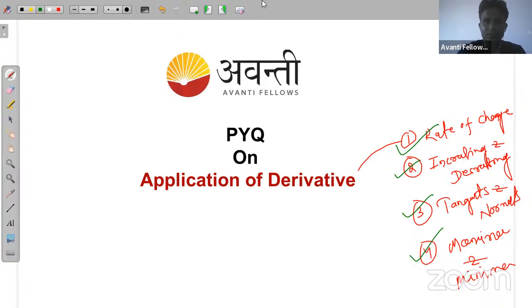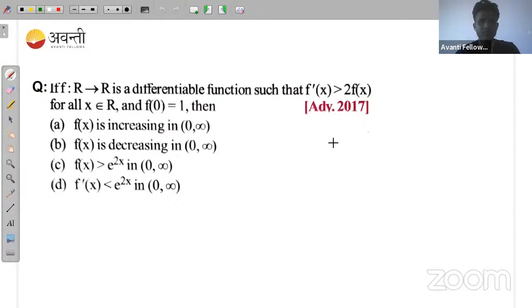We'll see the first question here. This is the first question of JEE Advanced 2017: if f is a function from R to R, a differentiable function such that f dash x is greater than 2f of x for all x belonging to R, for all the values of its domain, this relation is true, and one more condition is given, that f of 0 is equal to 1.